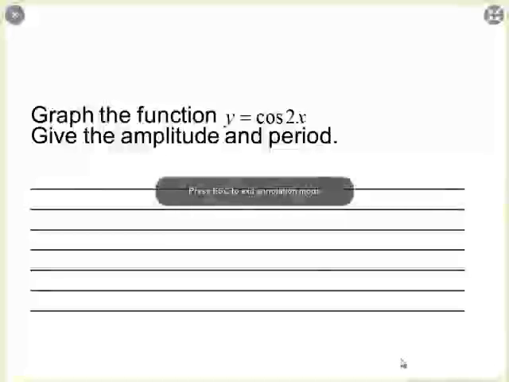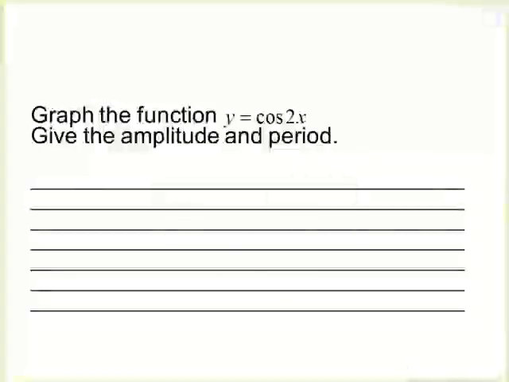Next example. First thing we consider, type of graph. This is cosine. Pattern for cosine is up, middle, down, middle, up. Second thing we consider is the amplitude. What's the amplitude for this graph? 1, because there's no multiplier in front of cosine.